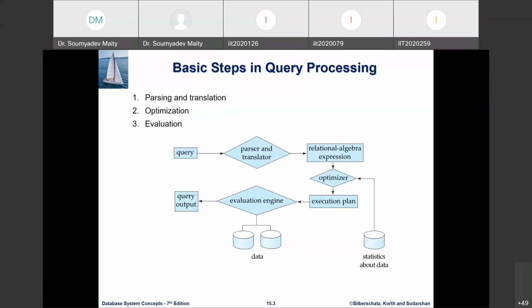To do that, it needs data about data, statistics about the data tables, as I said. And then finally, it produces something known as an execution plan.